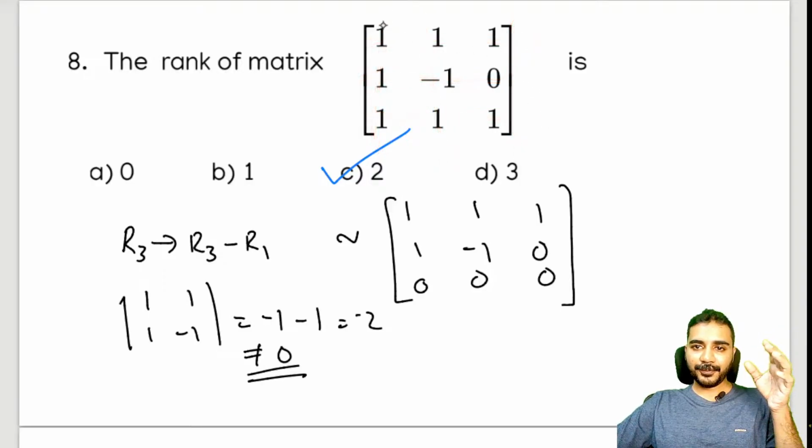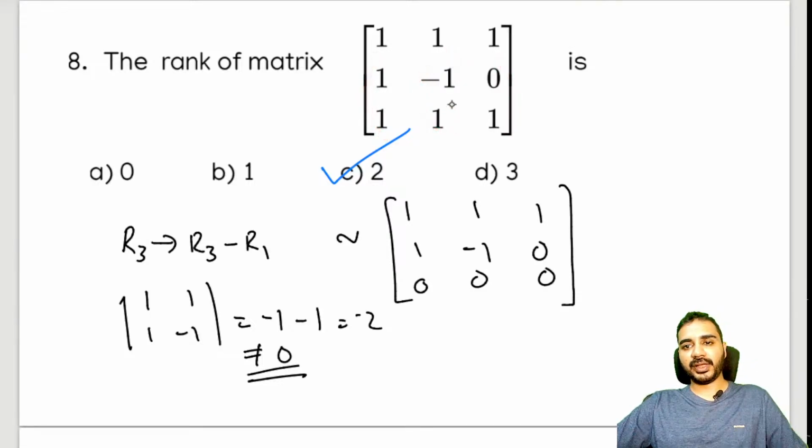If the determinant of this matrix is 0, we need to calculate the subset of 2 by 2 square matrices like this submatrix, then this submatrix, this submatrix, like that.